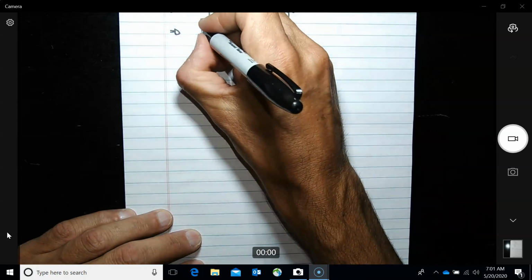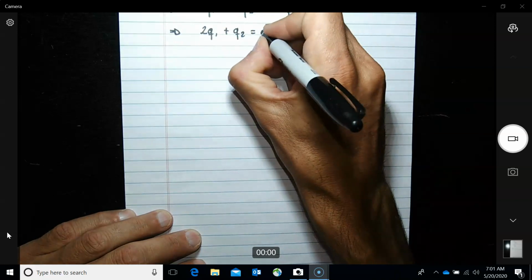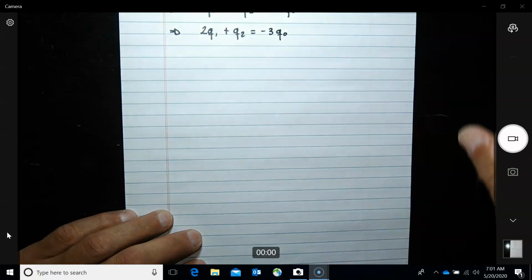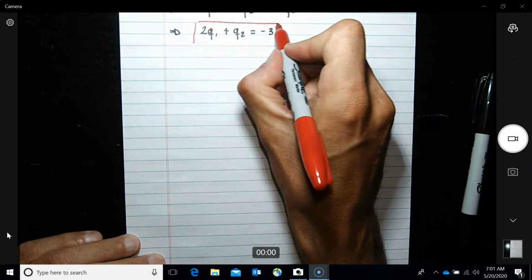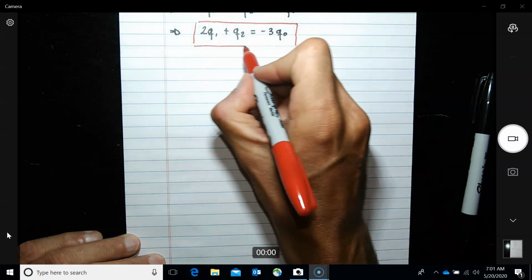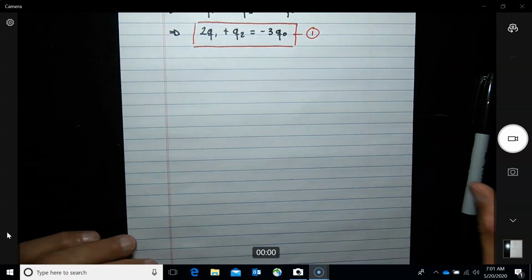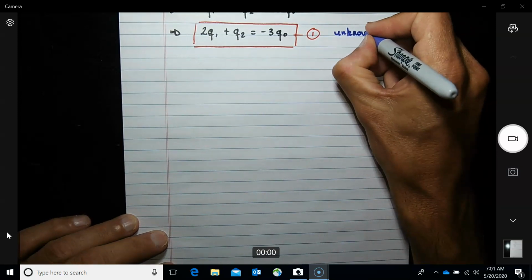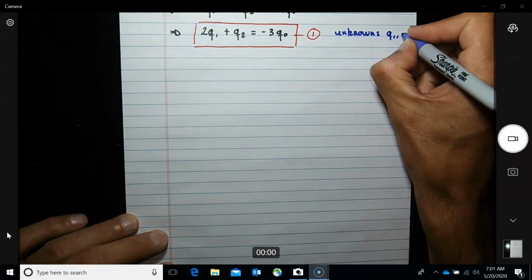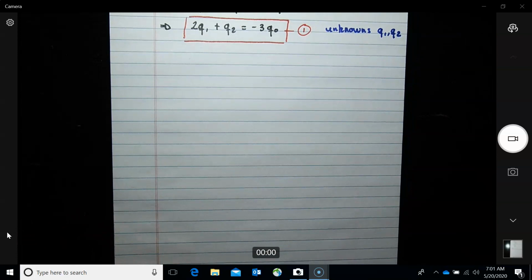This will be equal to 2Q1 plus Q2 will be equal to minus 3 Q sub naught. So remember over here that we are assuming that Q sub naught is known. So Q sub naught is not an unknown. So unknowns over here, Q1 and Q2. Okay? And really the three unknowns we need to find are Q1, Q2, and Q3.